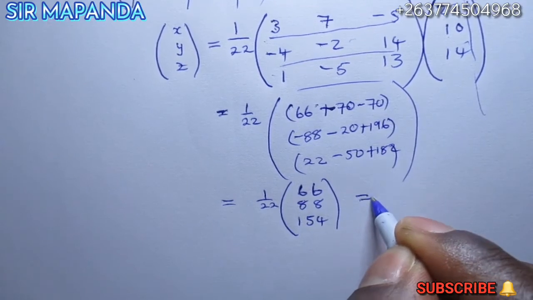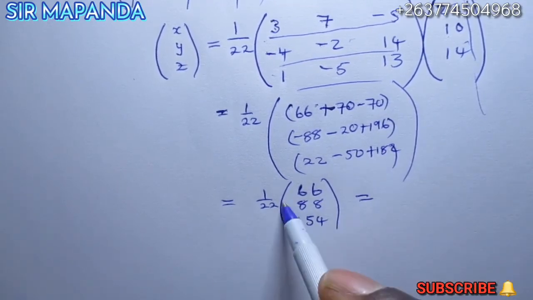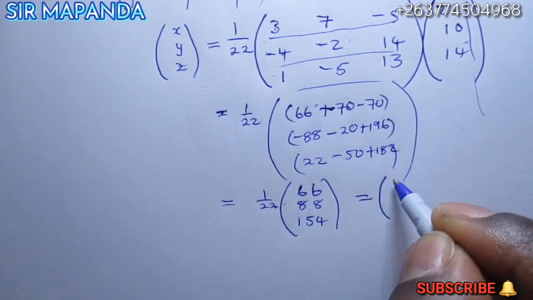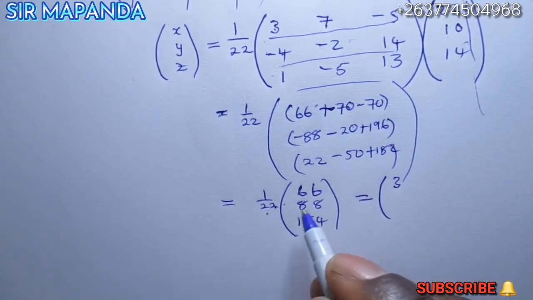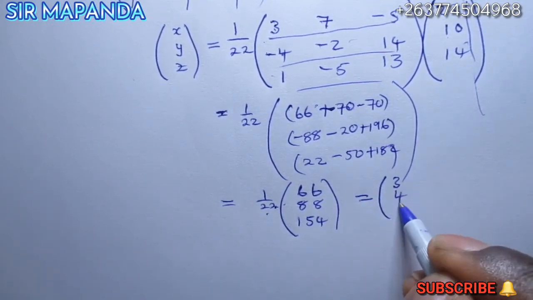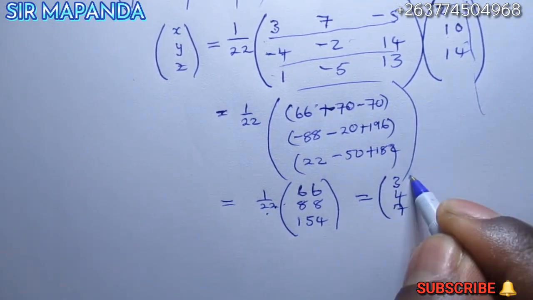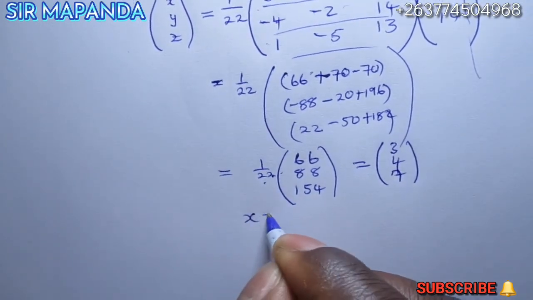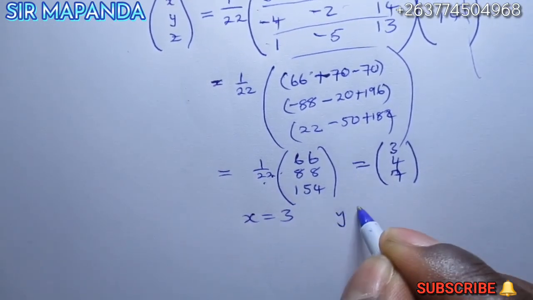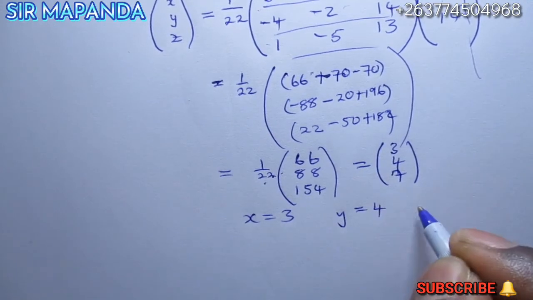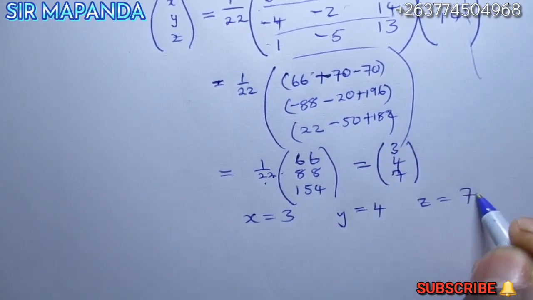So divide everything by 22. So 22 into 66, you get 3. 22 into 88, you get 4. Then 154 divided by 22, 7. So it clearly means that x is equal to 3, y is equal to 4, and z is equal to 7. Then you are home and dry.